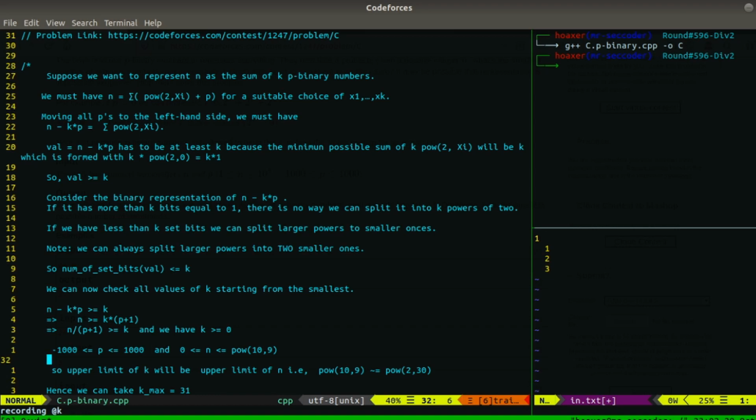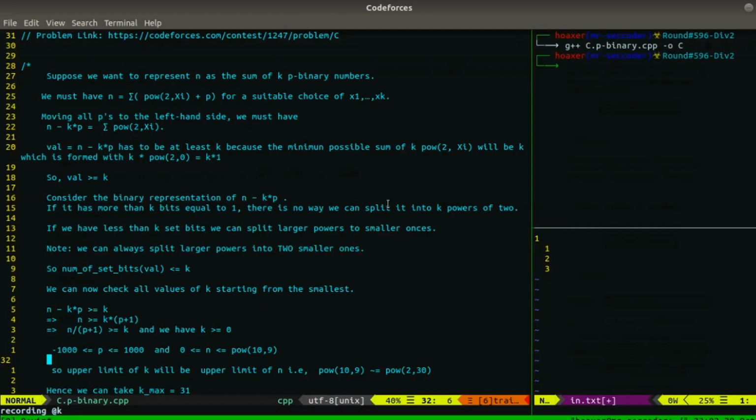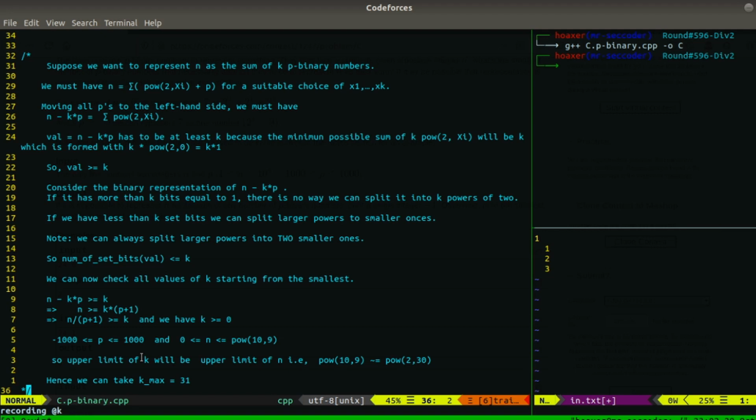In the constraints we know that p is between minus 1000 and plus 1000. But to satisfy this condition, we need k to always be positive, so p plus 1 can't be negative. The upper limit of k will be nothing but the upper limit of n.